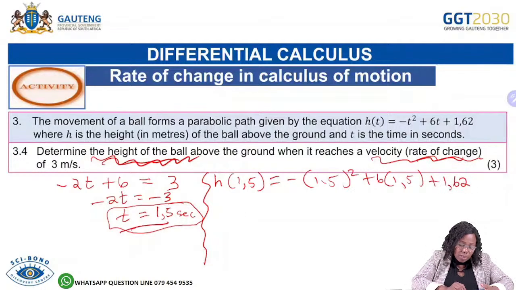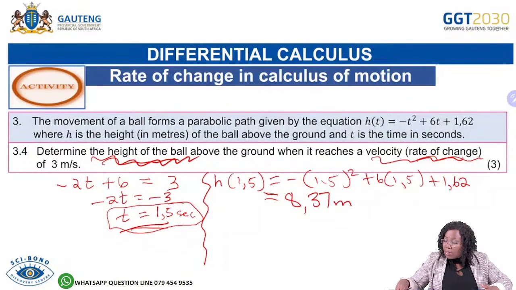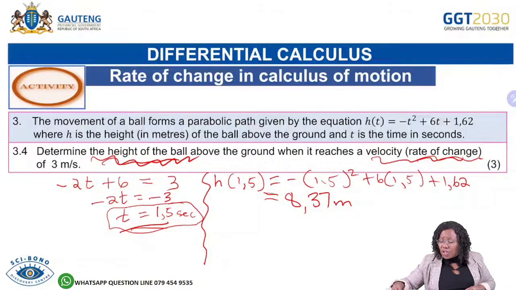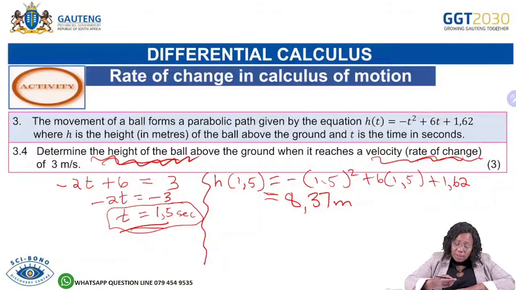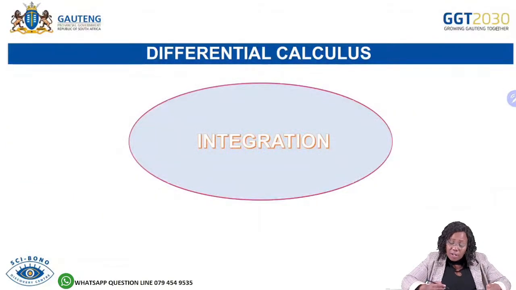We are substituting this time into our equation, and this gives us 8,37 meters, grade 12. So if the ball moves at a speed of 3 meters per second for 1,5 seconds, it will reach the height of 8,37. So these are the questions that you find at the end of your differential calculus.